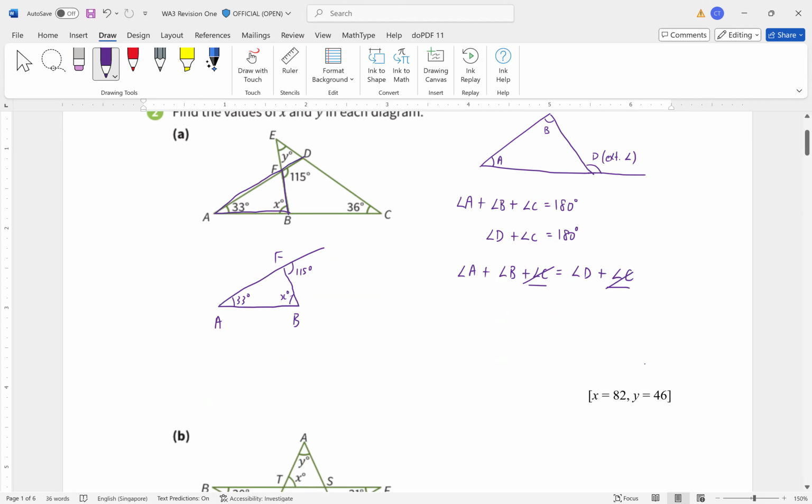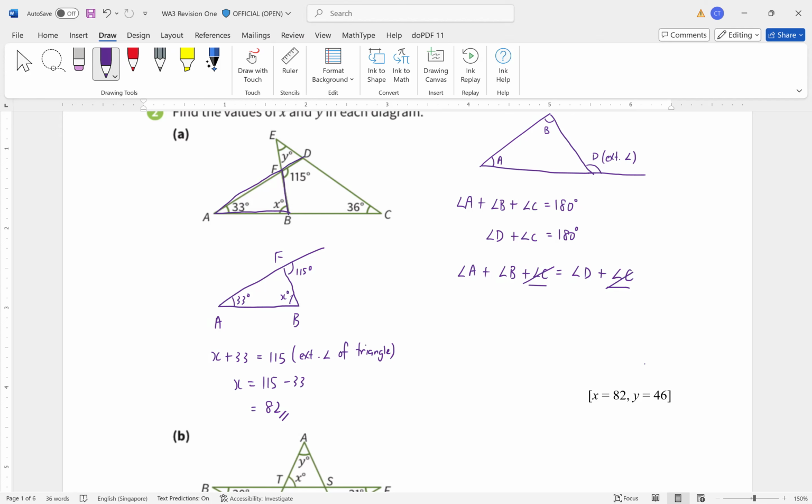X plus 33 equals 115. The property we are using is the exterior angle of a triangle. If I bring the 33 over and subtract it, I get the answer 82.